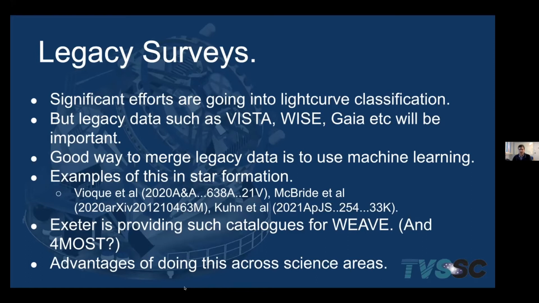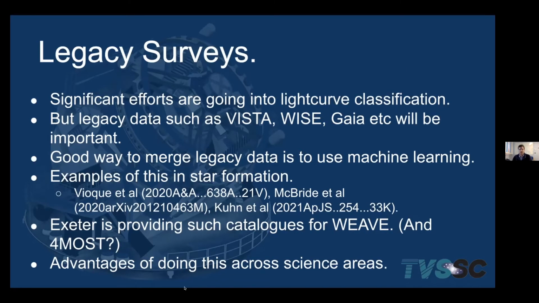And indeed, I have my own projects delivering catalogues calculated this way for Weave and probably for Foremost, but that's still under a proposal. And there are significant advantages if we can do this across all science areas, because of course, any classifier will benefit from having many more classes in it, rather than a class which is what I'm looking for and what I'm not looking for.